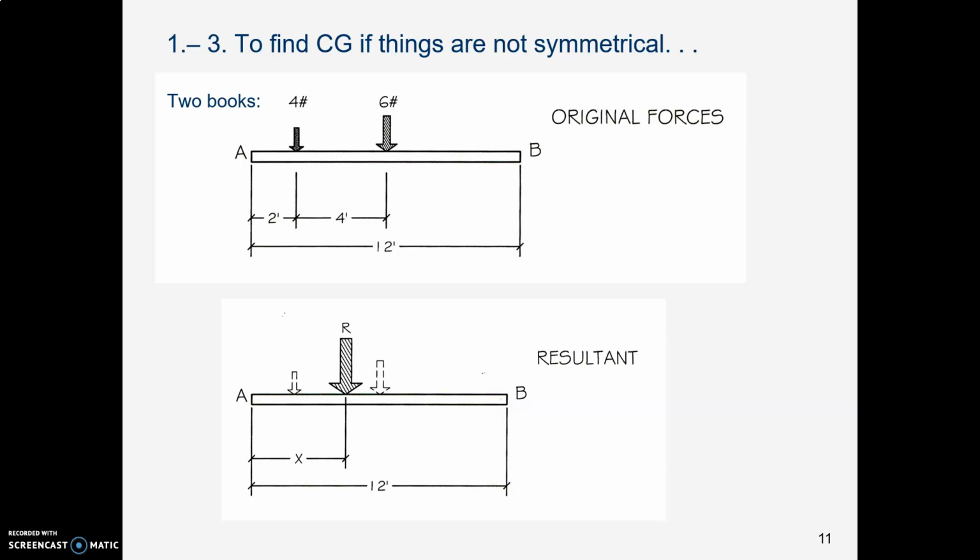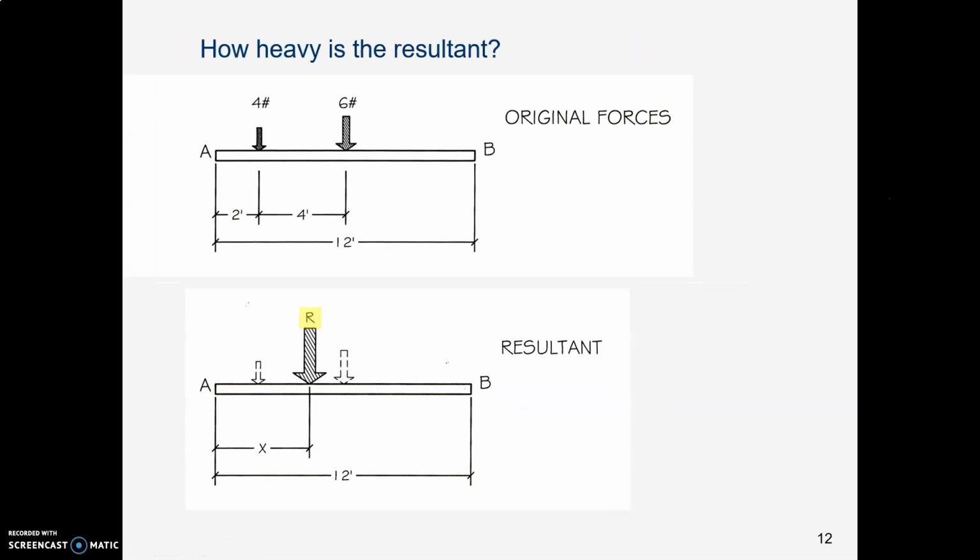What do you do if the things are sitting on the shelf and they're not symmetrical? They're different weights and different distances. And we're trying to find the resultant and where it's sitting, because that is where the center of gravity is. First of all, how heavy is that resultant?